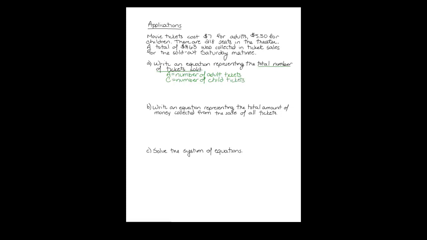sold. Now, reading through the problem, movie tickets cost $7 for adults, $5.50 for children. There are 218 seats in the theater. A total of $1,463 was collected in ticket sales for the sold-out Saturday matinee. Now, sold out indicates that all of the 218 seats were taken.